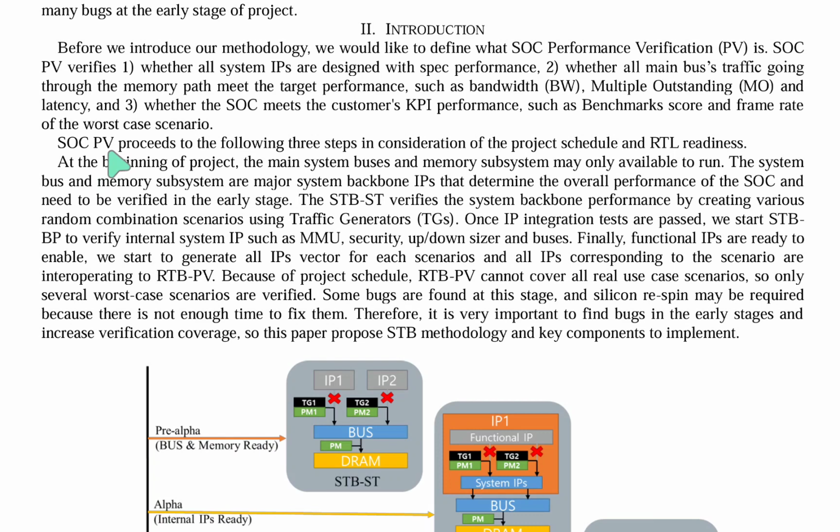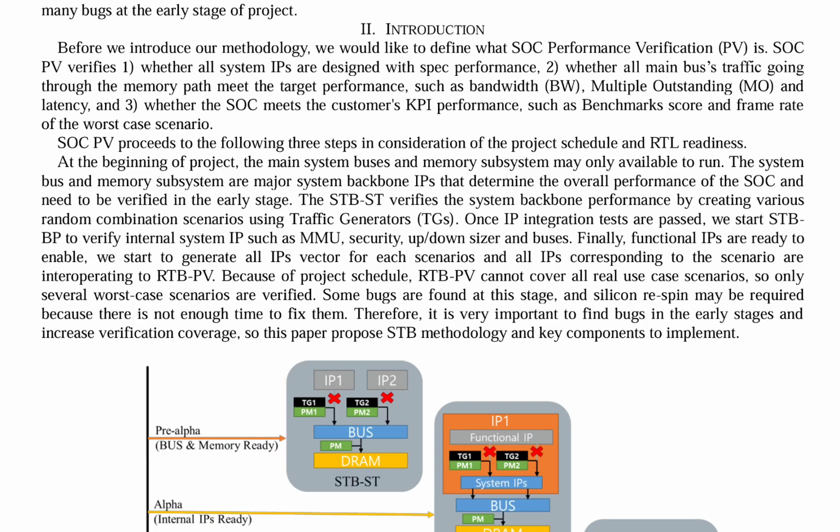SOC PV proceeds in the following 3 steps in consideration of the project schedule and RTL readiness. At the beginning of the project, only the main bus system and memory system may be available to run. The system bus and memory bus system are major system backbone IPs that determine the overall performance of the SOC and need to be verified at an early stage.